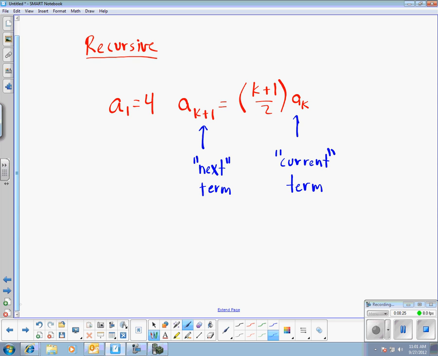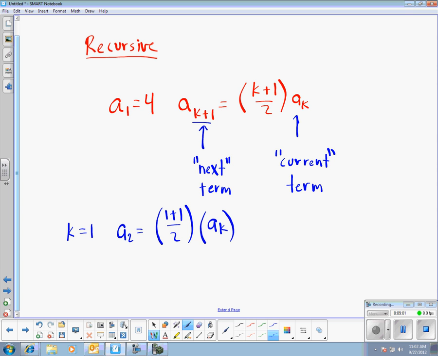I'm not able to say, okay, what if k is 20? Well, I don't know what A21 is because I don't know what A20 was. I can't find the 20th term without knowing the 19th term and so on. But if I do know A1 is 4, then A2, when k equals 1, that would be 1 plus 1 over 2 times ak.